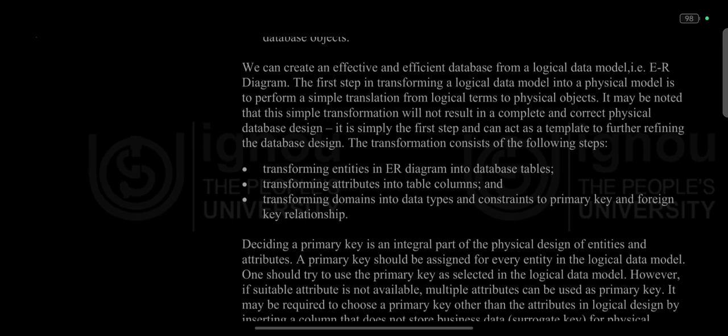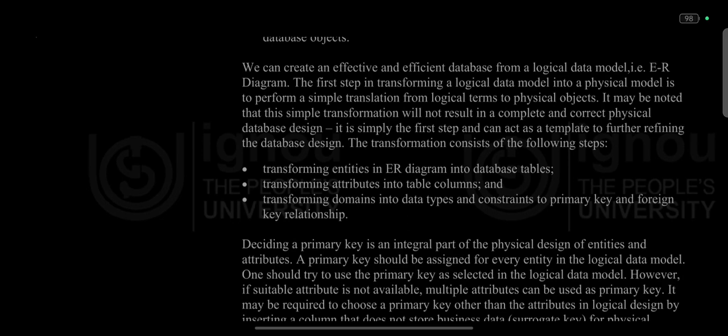The first step in transforming a logical data model into a physical model is to perform a simple translation from logical terms to physical objects. It may be noted that this simple transformation will not result in a complete and correct physical database design.